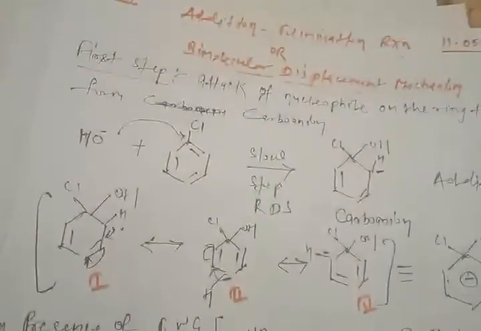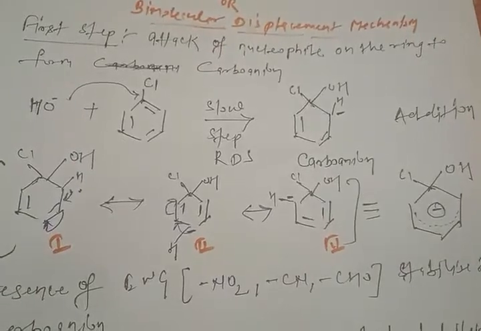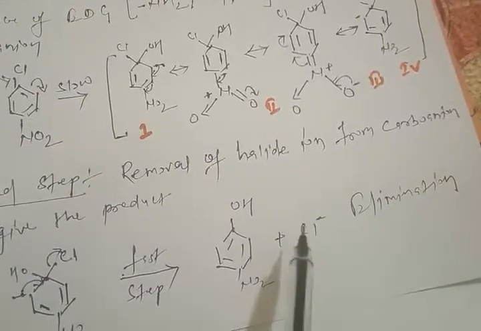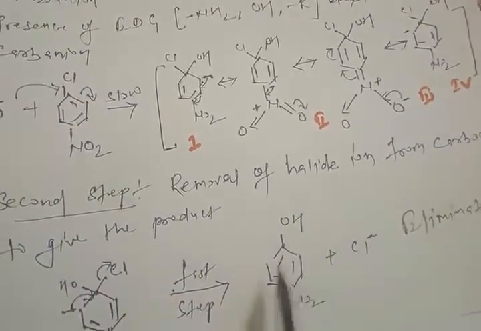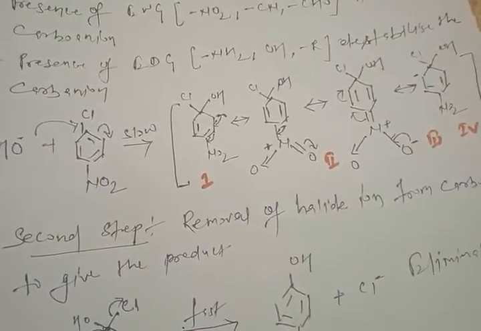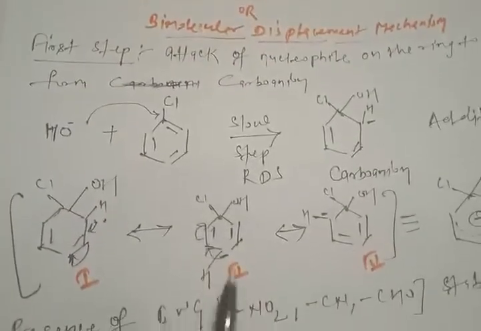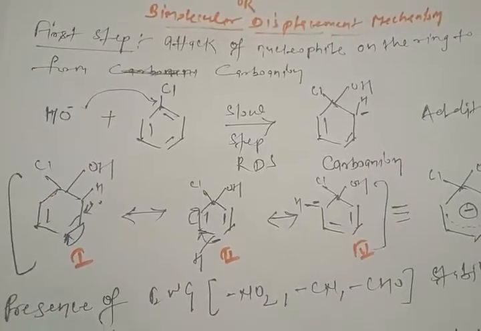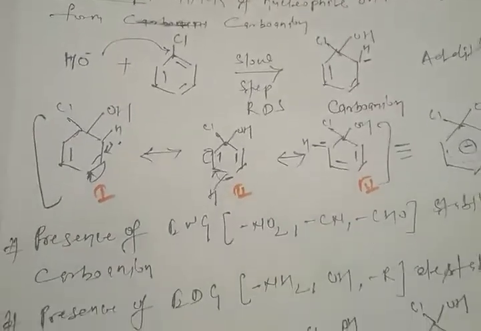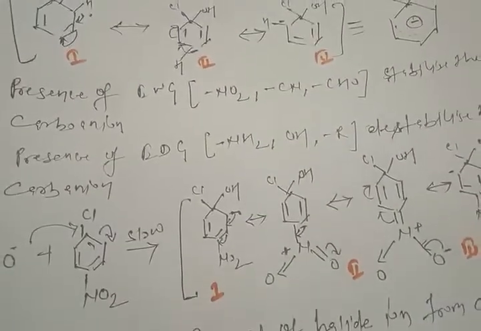So the first step is the attack of nucleophile on the ring to form carbanion, and in the second step removal of halide ion from carbanion to give the product. This is the product. That is why it is an addition elimination mechanism, and this is also called bimolecular displacement. Okay, this is a bimolecular displacement because there is a displacement by two steps. It is a two-step process, so it is bimolecular.